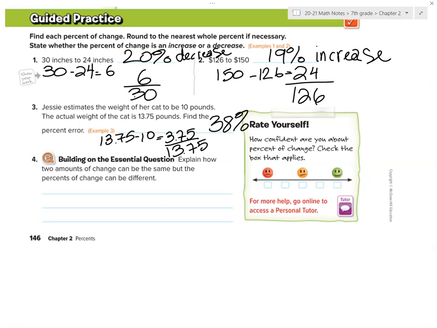That was 38% off. But since this is a comparison to an estimate, there's not an increase or decrease. Is that understood? Okay.